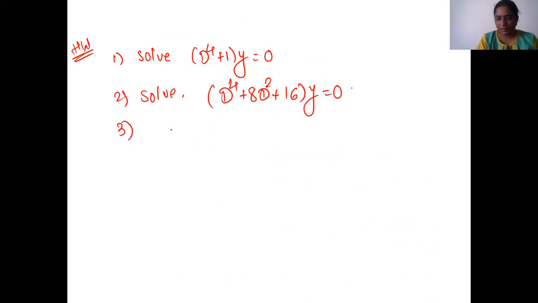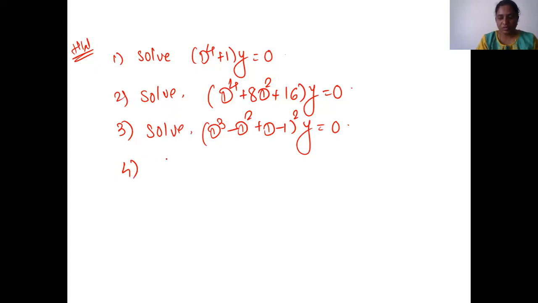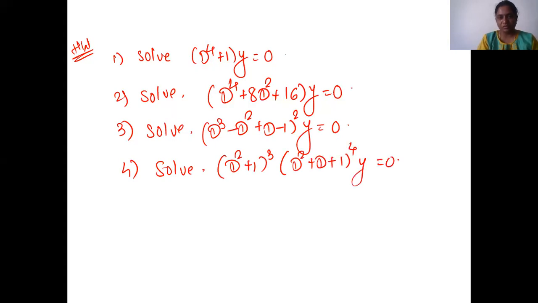Third, solve (D^3 - D^2 + D - 1)^2 y = 0. And last one, solve (D^2 + 1)^3 (D^2 + D + 1)^4 y = 0.